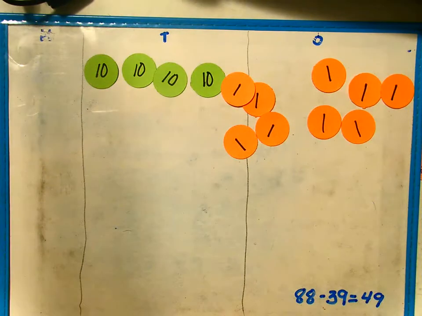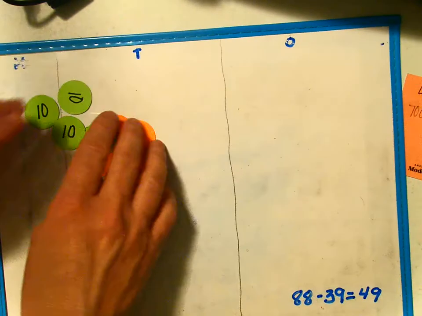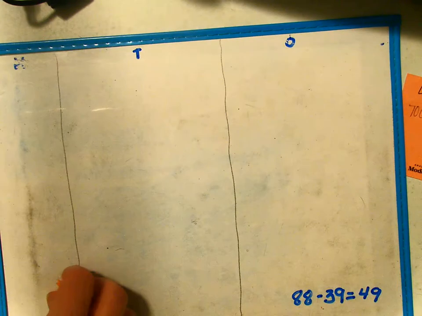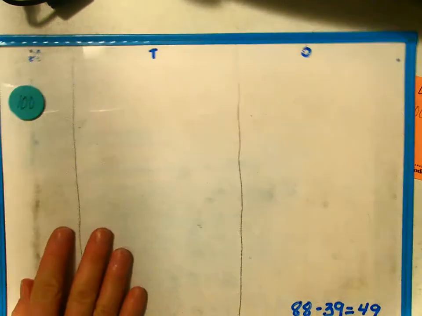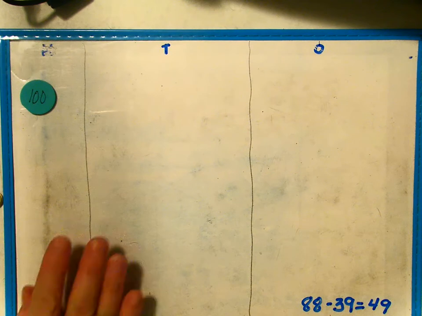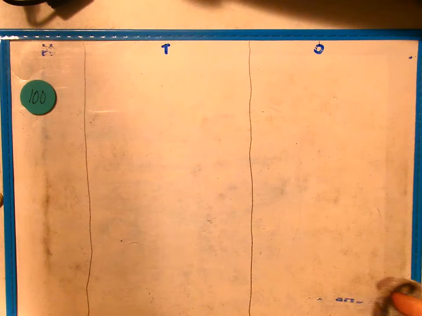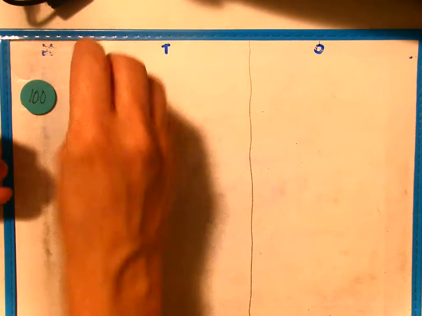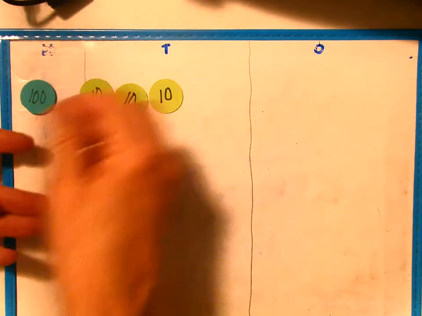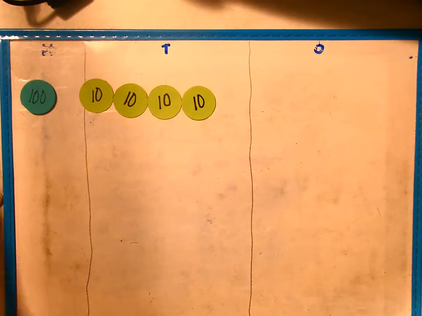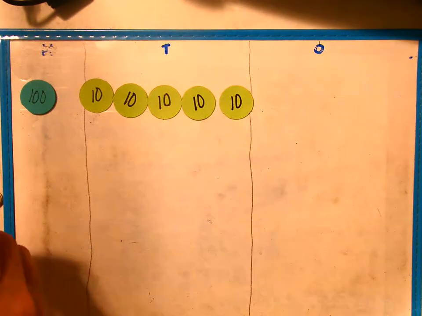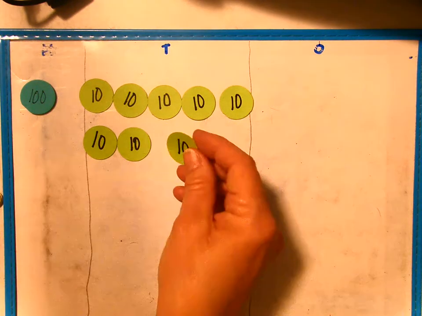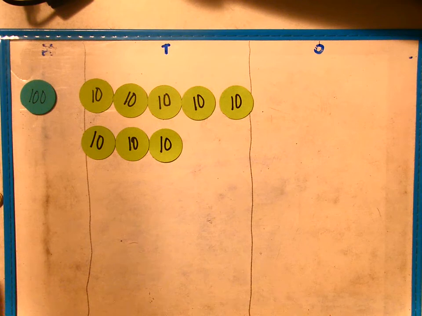186 minus 39. So 186. 1, 2, 3, 4, 5, 6, 7, 8, and 6 ones.